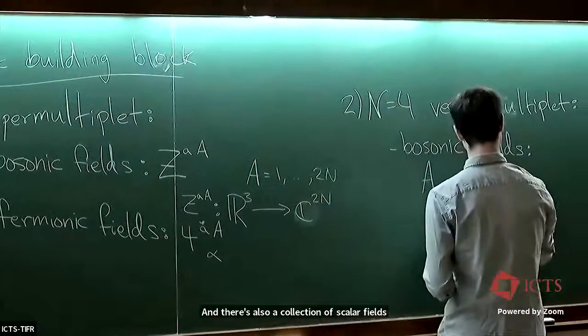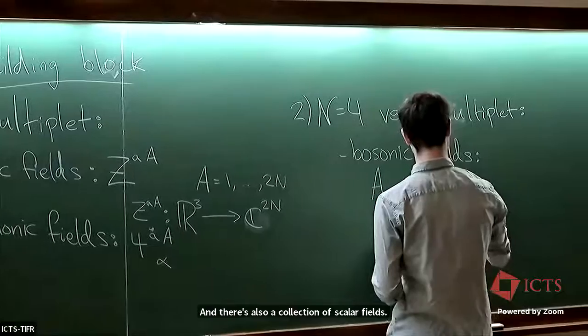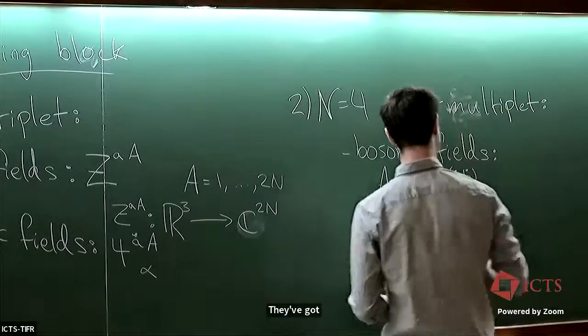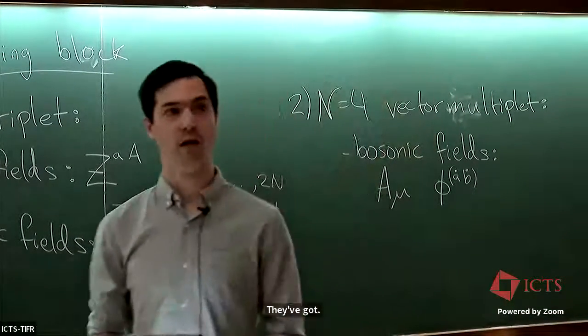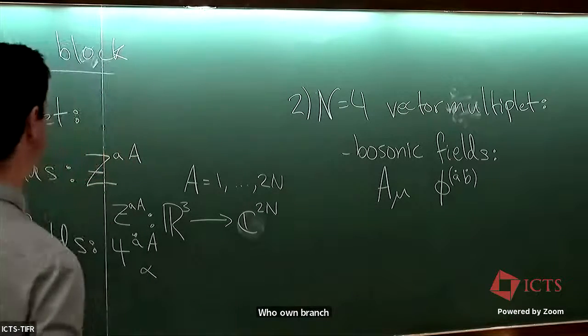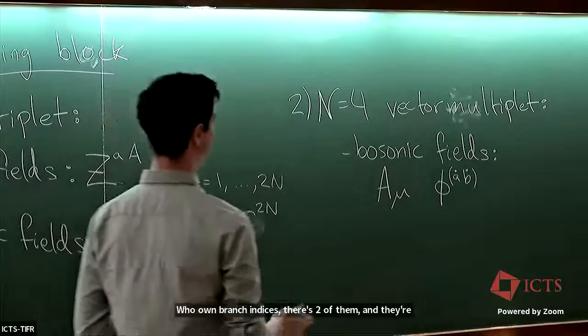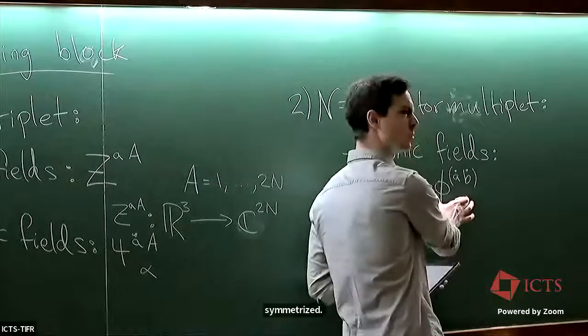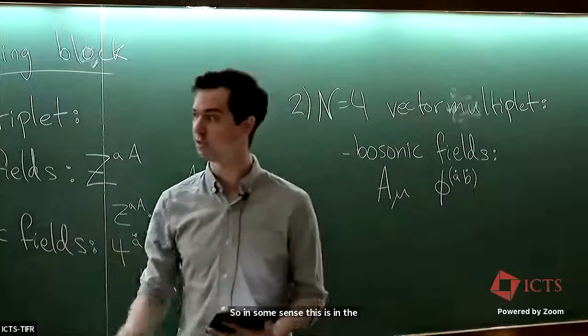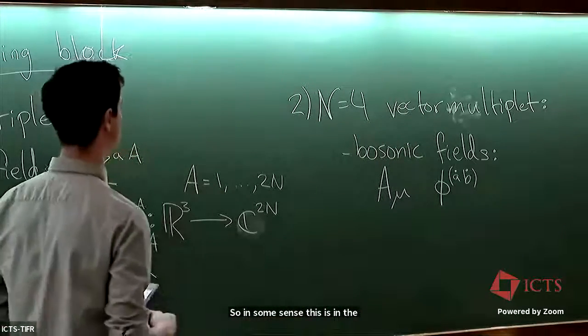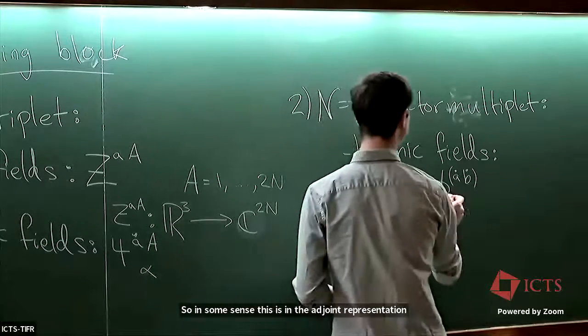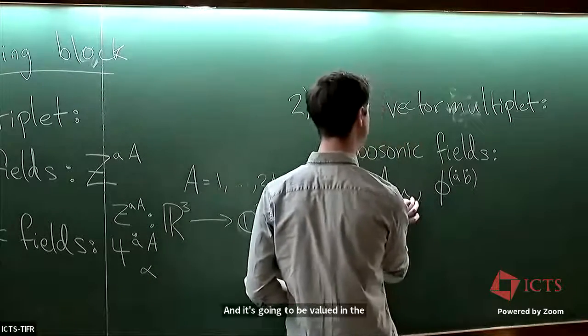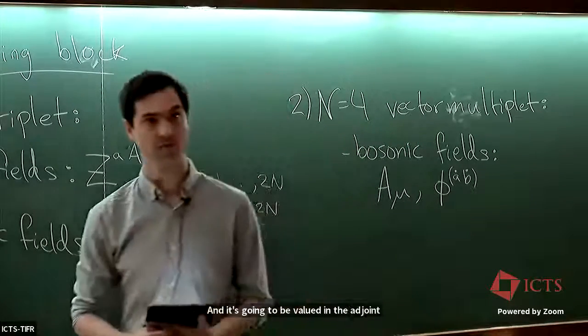They've got Coulomb branch indices. There's 2 of them, and they're symmetrized. So in some sense, this is in the adjoint representation of that SU2 Coulomb. And it's going to be valued in the adjoint representation of the Gauge Lie algebra.